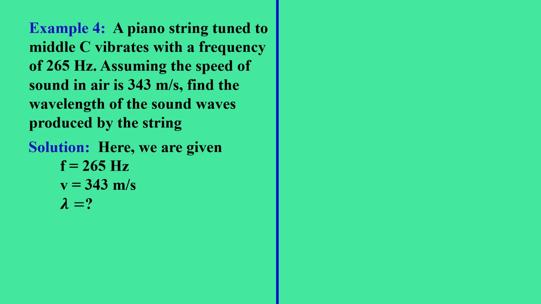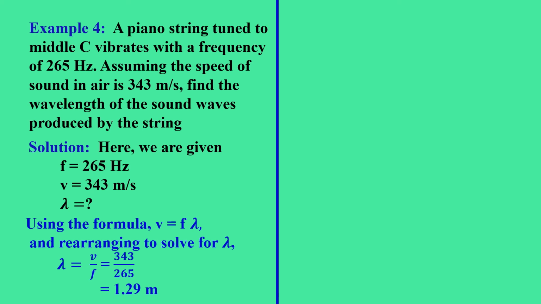The speed of sound is 343 meters per second, and we are required to find the lambda. So, from the formula V equals F times lambda, rearranging to solve for lambda, we get lambda equals V over F. Substituting the values, this is 343 divided by 265 equals 1.29 meters.